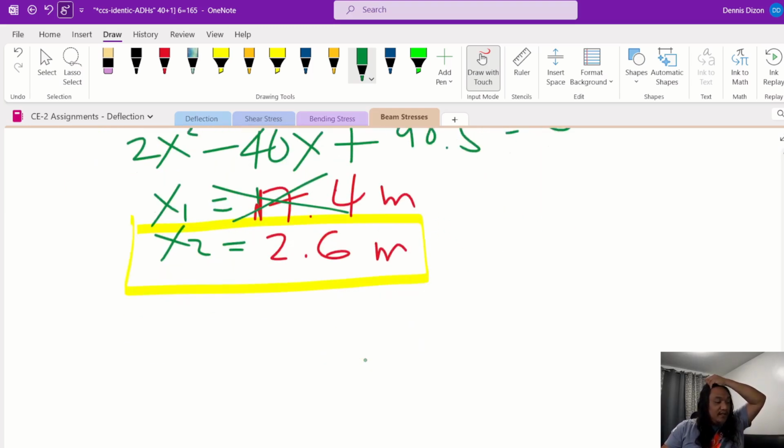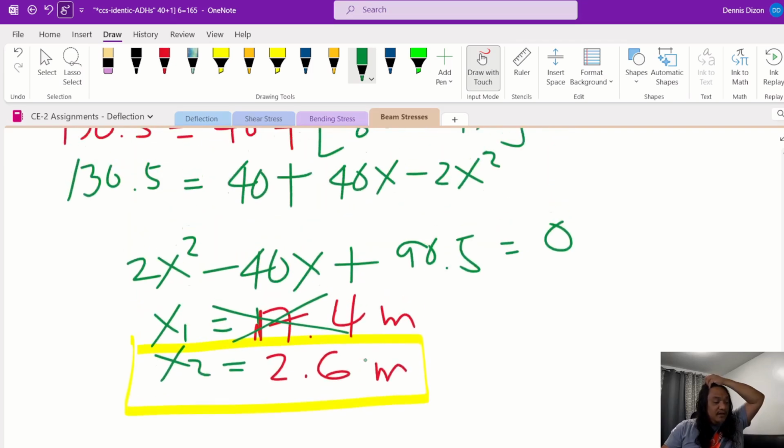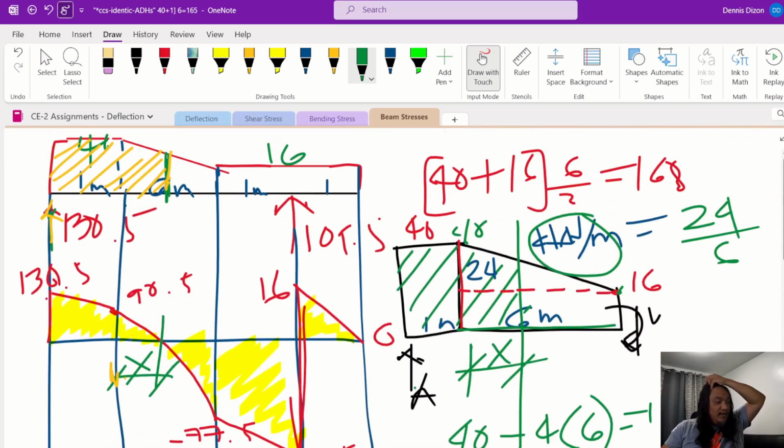Now, with that in mind, we can solve the moment at this location. Like I said, we can solve this using the area of this curve here, but to be honest, I don't even know how to calculate this one. If it's a regular triangle, then I can for sure, but if it's a trapezoid, I could probably solve it, but I never did, even when I was still a student.